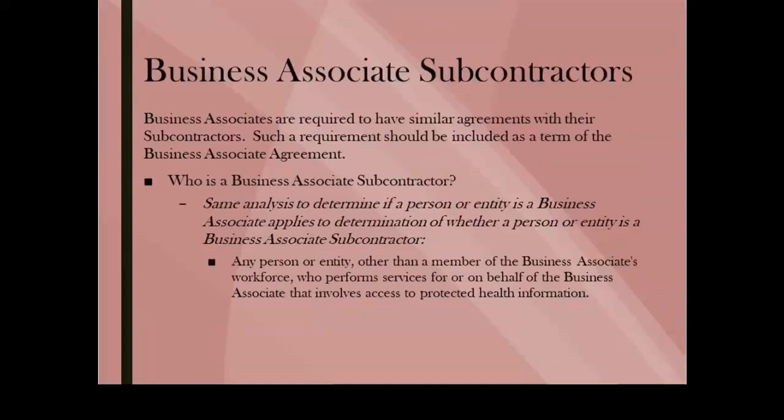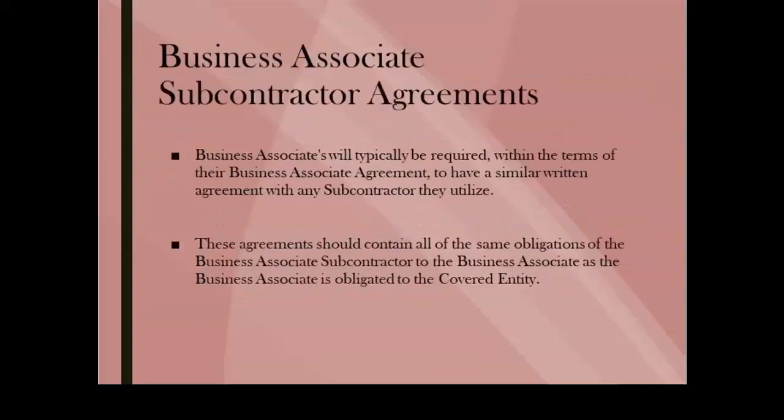That being, any person or entity other than a member of the business associate's workforce who performs services on behalf of a business associate that involves access to PHI. Okay, so the business associate should be required within the terms of their business associate agreement to have similarly written agreements with any subcontractor they utilize, and these agreements should have all of the same obligations of the main business associate agreement.